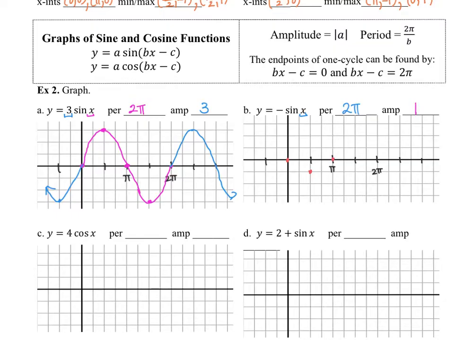I was at 0, I went down 1, I'm at 0, which means I must be going up 1. Then I'm going to go back to 0. Once you see the pattern, you're just going to go with the pattern. That's one period of it, but this graph extends from negative infinity to infinity. Once I see the pattern, I just continue the pattern. So this was 0, up 1, and then it would go back down to 0.